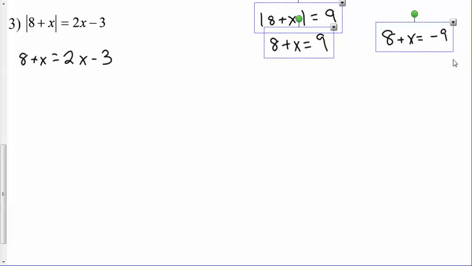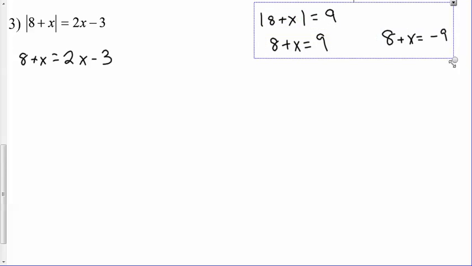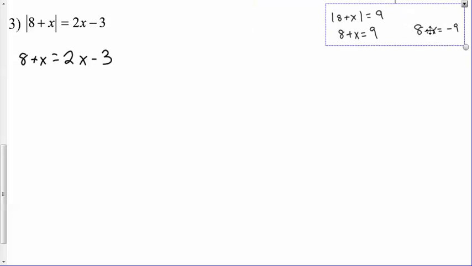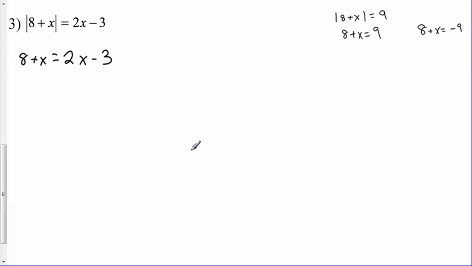So I'm going to take the negative of 2x minus 3. But since that is an expression, I have to take the negative of the entire expression. So 8 plus x equals the negative of 2x minus 3.